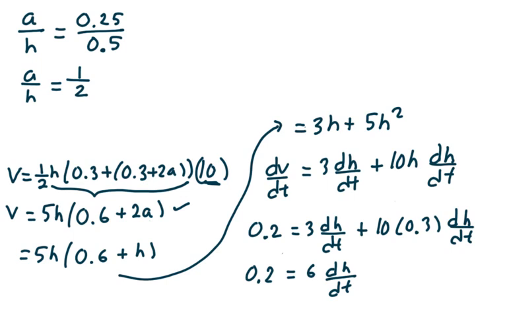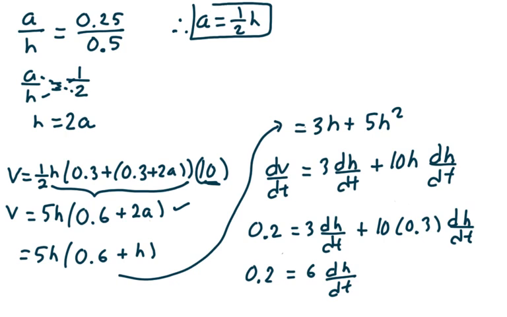Cross multiply. So I'm going to get h is equal to 2a. And so therefore, if I divide both sides by 2, I get a equals 1/2 h. So that's how a and h are related to each other. So right here, I'm going to replace a with 1/2 h.